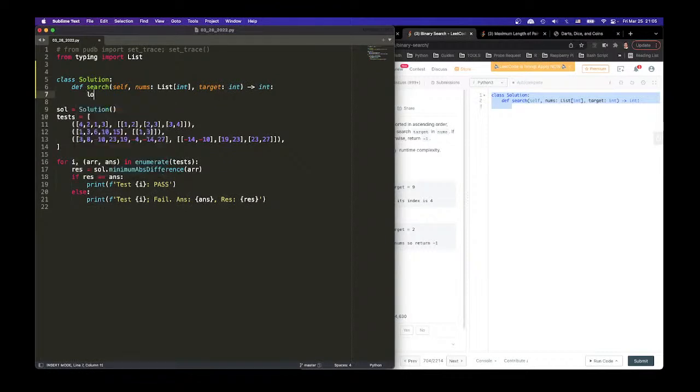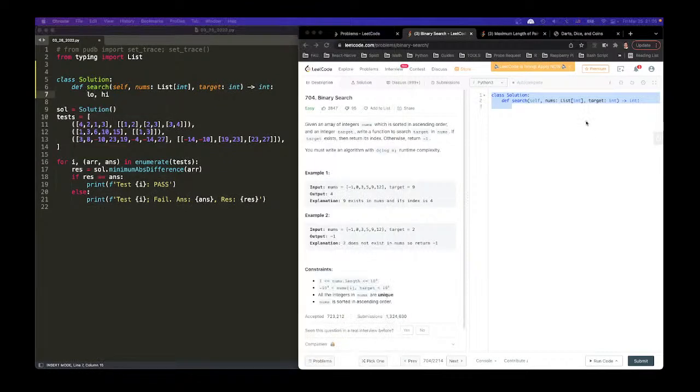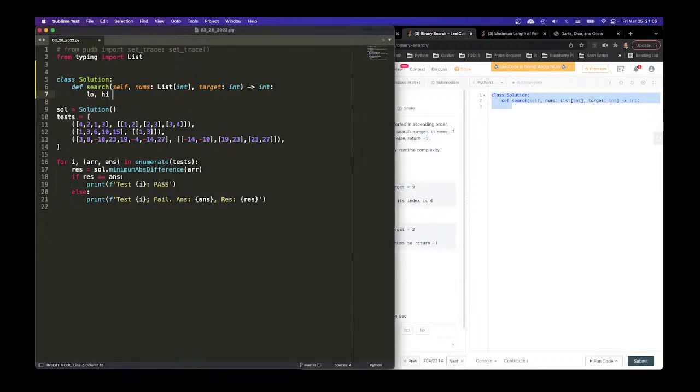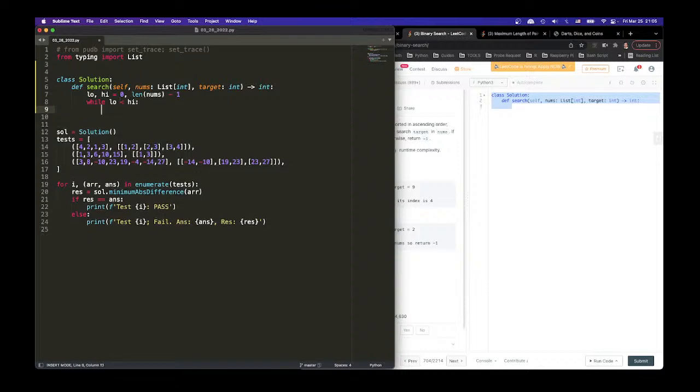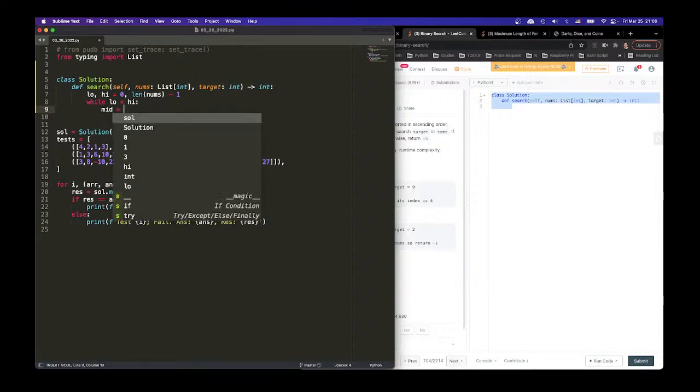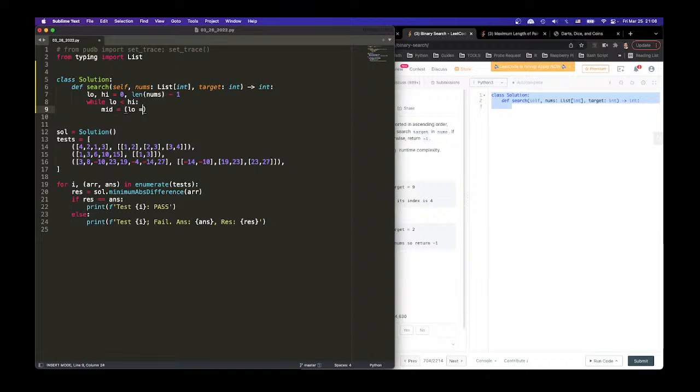Alright, so low, high. Wait, is nums sorted? Yeah. So 0 and length of nums minus 1, right? And then the way that we write it is while low is smaller than high, mid is low plus high divided by 2.